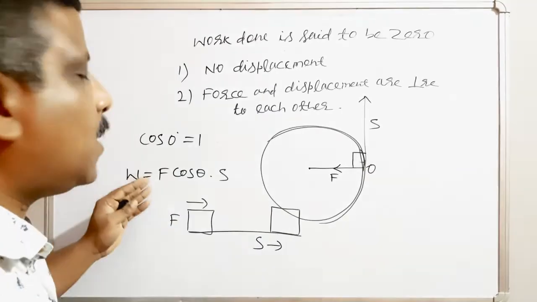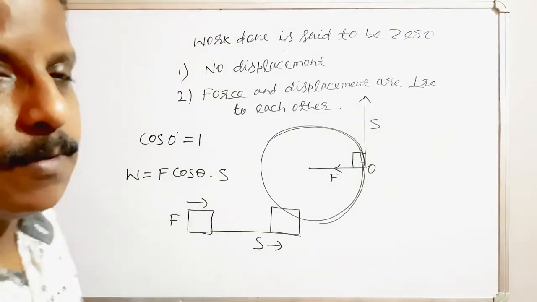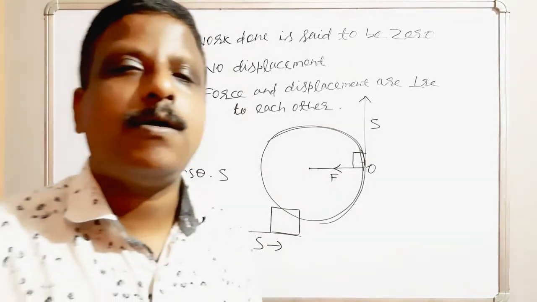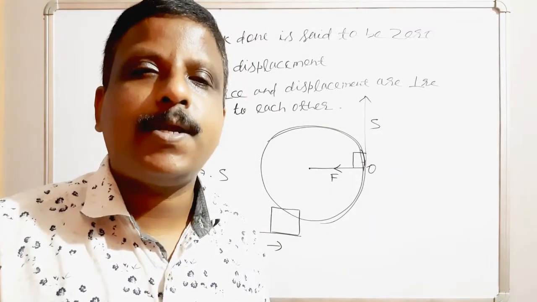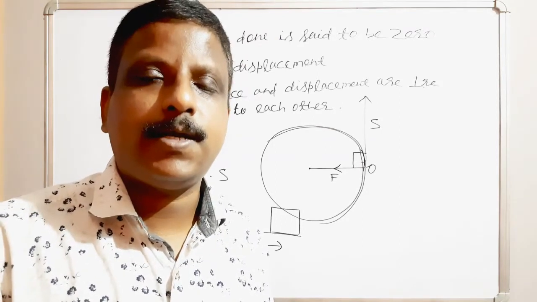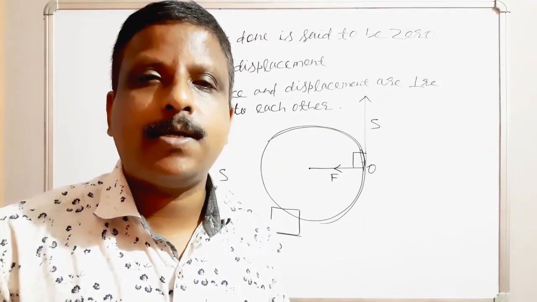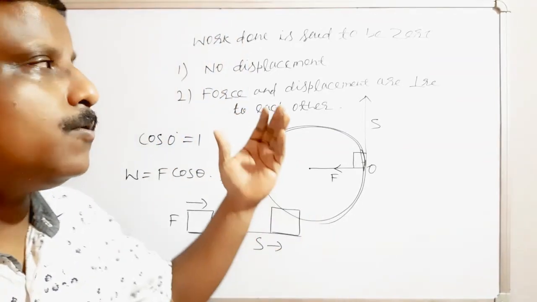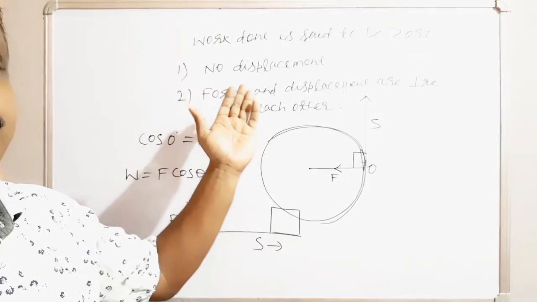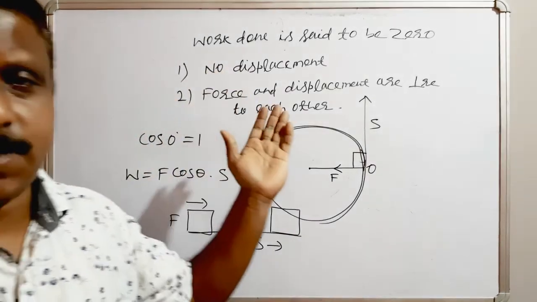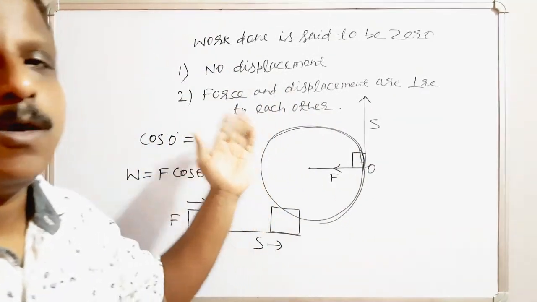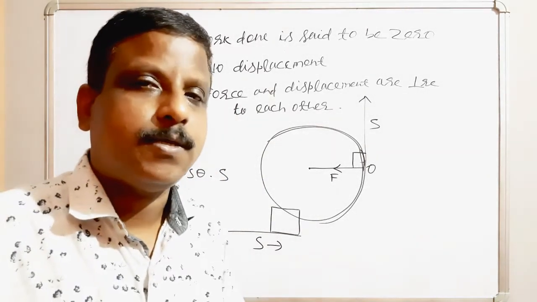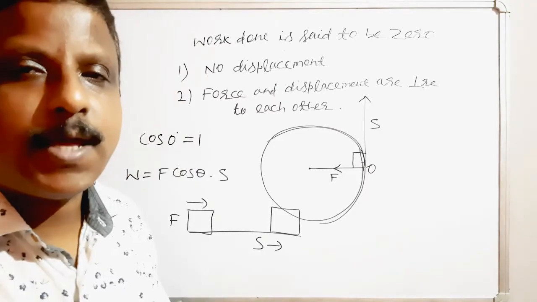In this case, work done is said to be maximum. Work done is maximum when the force is applied on the body and displacement is in the direction of the force. And work done is zero when the force is applied but there is no displacement, and when force and displacement are perpendicular to each other. So this is about work done I have explained.